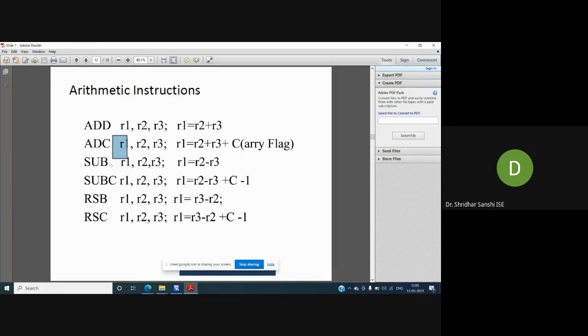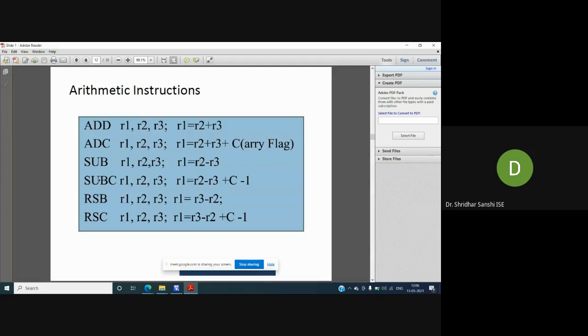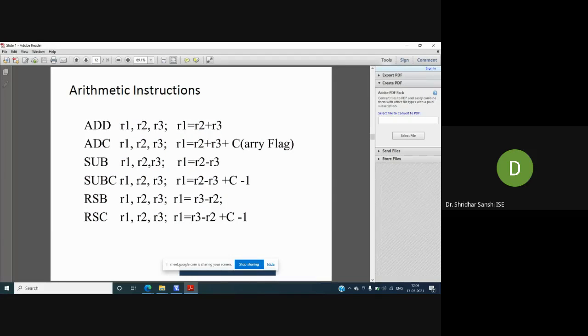Similarly, subtraction is R2 minus R3, and the result is stored in R1. There is no U here, only SBC. SBC is the content of R2 minus the content of R3, negating the value of the carry bit.